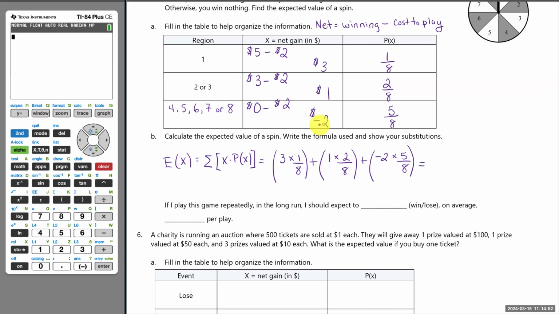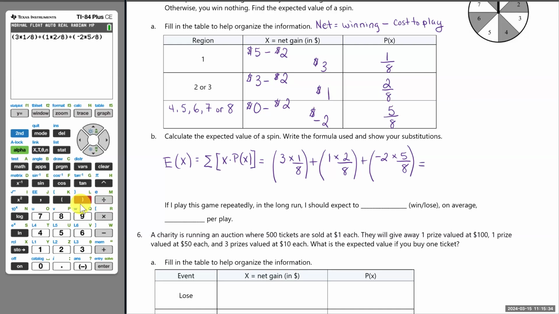Okay. So sometimes in class, I'll show some fraction work here, but I'm just going to go straight to the final answer by entering that entire expression, just like I wrote it, on my calculator. I'm going to open the parenthesis and type 3 times 1 divided by 8, close parenthesis, plus the next pair, 1 times 2 divided by 8, plus my last pair, -2, using my negation button, times that probability, 5 divided by 8.